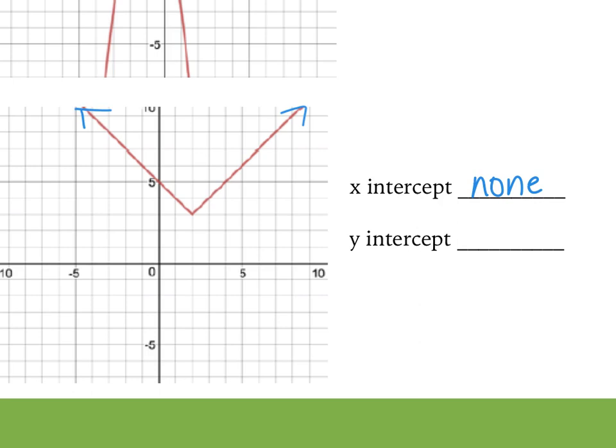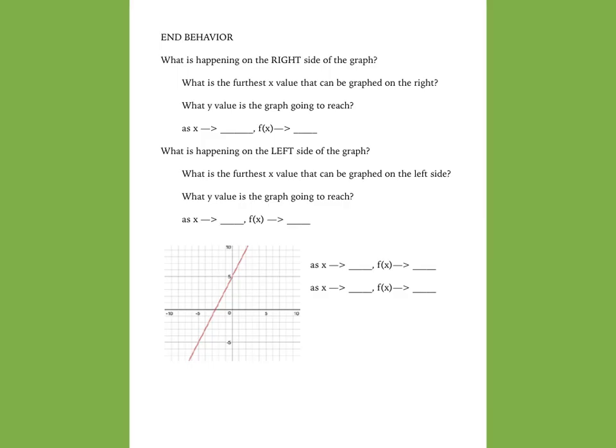None works. And then our y-intercept. 0, 5. Good. Questions on that? Everybody good on that? Okay. Don't just write none on every blank, okay? Make sure you actually look if it's going to have that intercept or not.